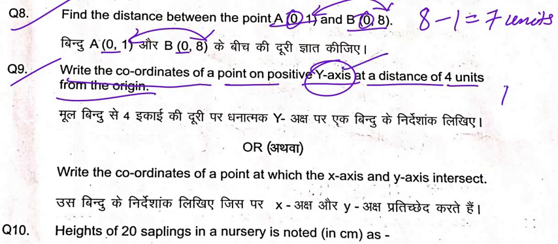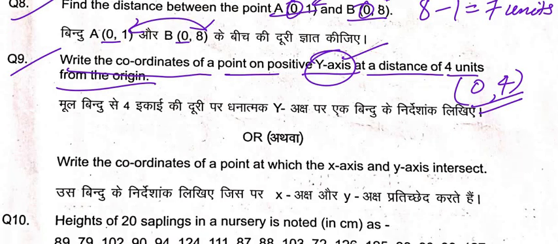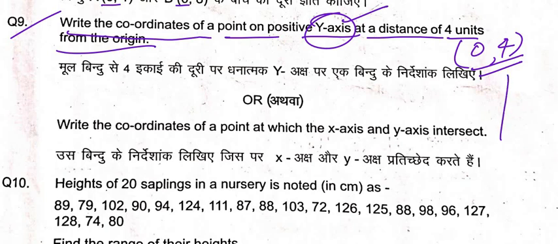The value of y will be 4, but the value of x on the y-axis will be 0. So our coordinates will be 0, 4. Because on the y-axis the value of x is 0, and on the x-axis the value of y is 0. So definitely you will get the solution. Otherwise you can draw the axes and check it.